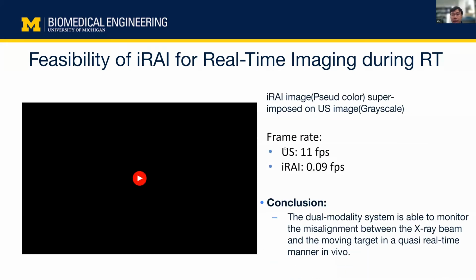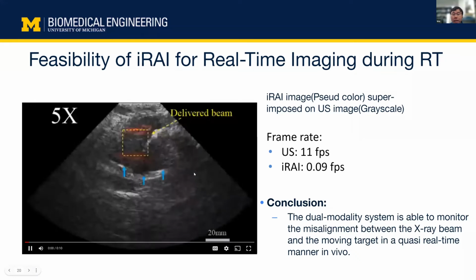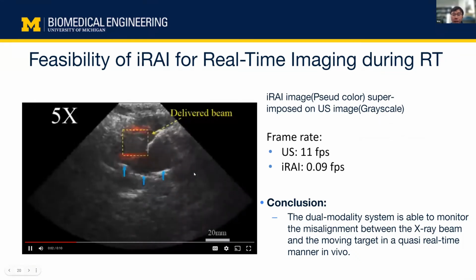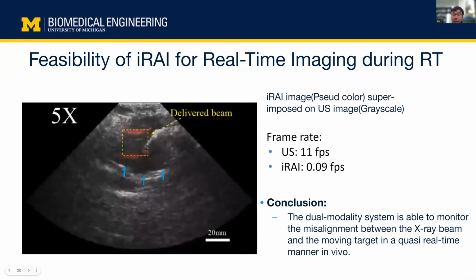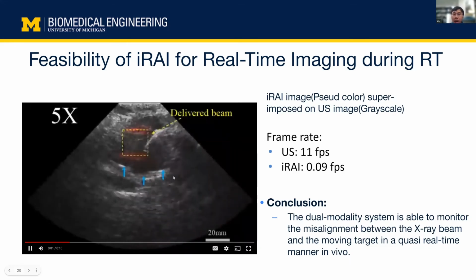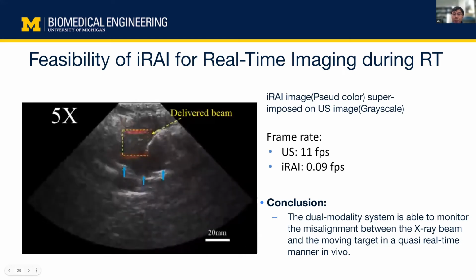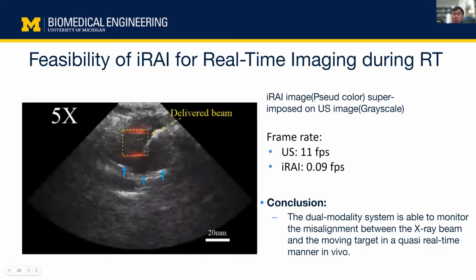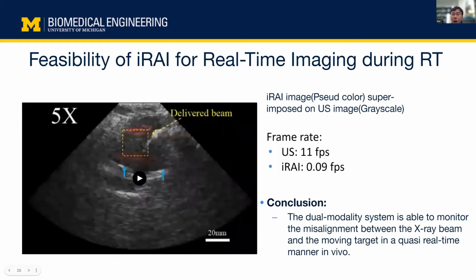So during this study, you can see that we can use the ultrasound image to directly see the organ motion of the rabbit liver, and the iRAI image can show the boundary of the radiation beam delivery. So in this situation, the misalignment between the radiation dose delivery and the anatomic structure can be clearly seen with this dual modality image system.